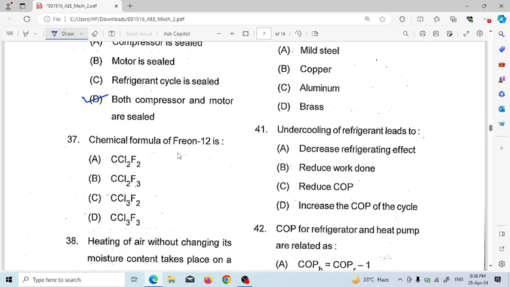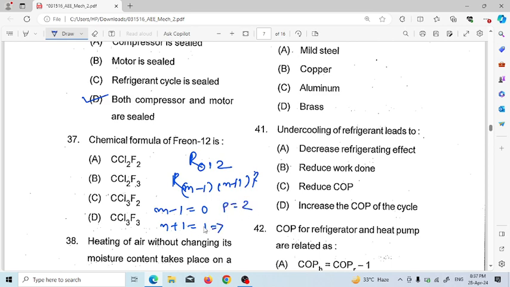Then the chemical formula of freon 12. So this is freon, that means R12. That means the designation is R(m-1)(n+1)(p), that means R012. That means m-1 is equal to 0, n+1 is equal to 1 and p is equal to 2.